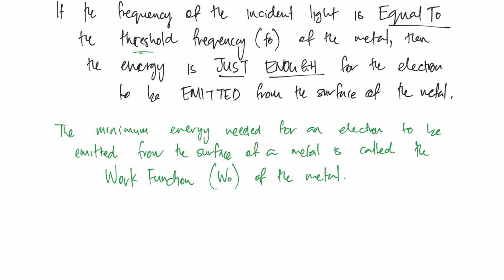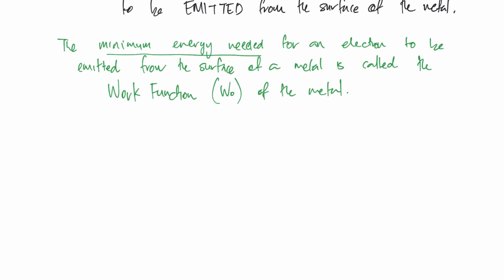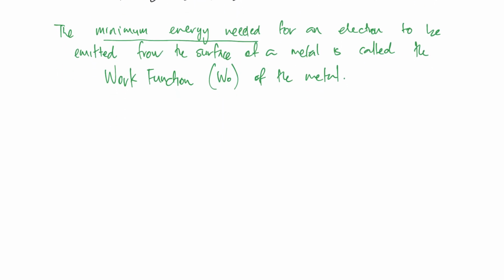So we have two parts: threshold frequency, will there be electrons emitted or not? Work function is the minimum amount of energy needed for an electron to be emitted from a surface. So the work function has its own formula, and the formula we have is W0 is equal to hf0. So W0 is the work function.